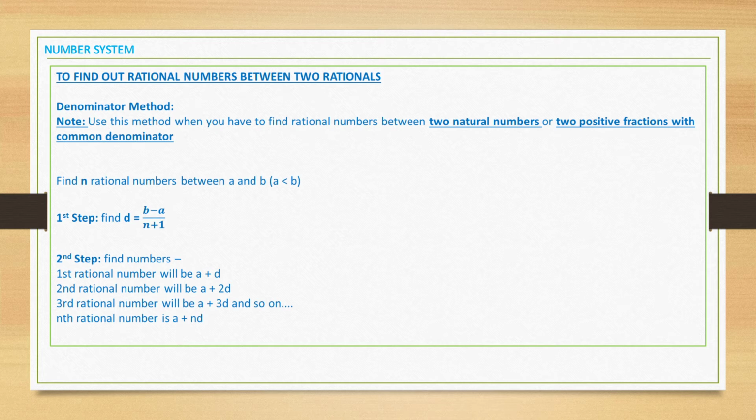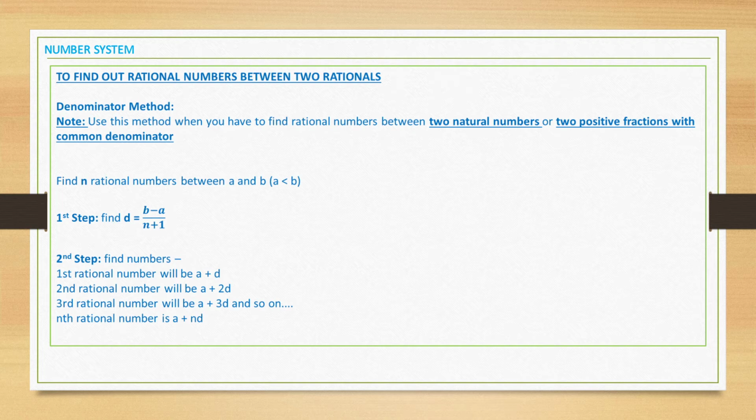The very first step is we have to find d. The d is a very important thing here. Using d only you can find how many rational numbers they are going to ask us to find between the two rationals. The question may be: find two rational numbers between two given numbers, or find six rational numbers, or find seven rational numbers between two given rational numbers.